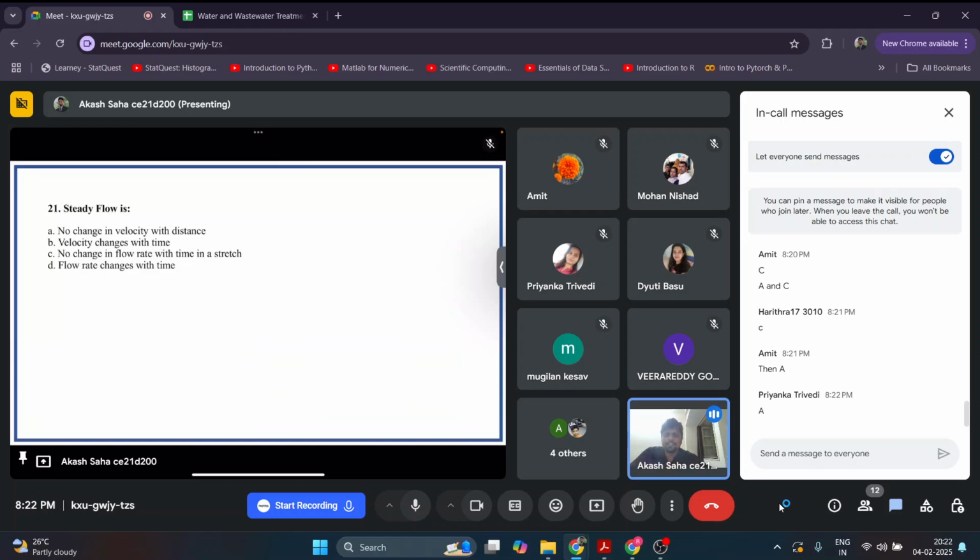Next, steady flow: no change in velocity with distance, velocity changes with time, no change in flow rate with time in a stretch, or flow rate changes with time. So what do you mean by steady flow? We have discussed this in the initial problems, steady state or steady flow.